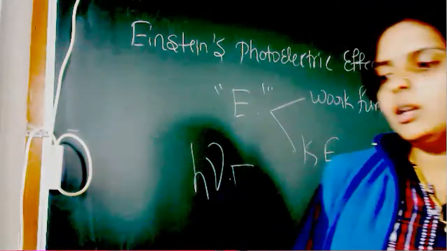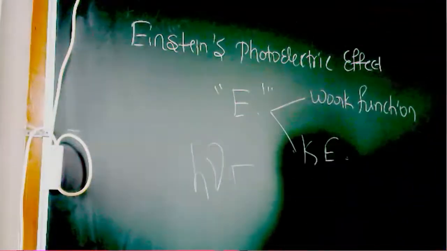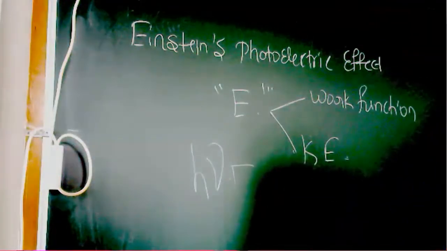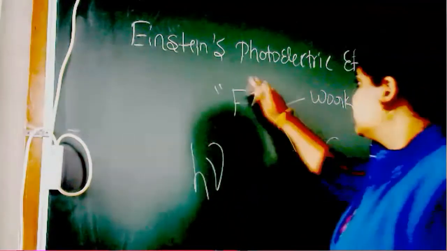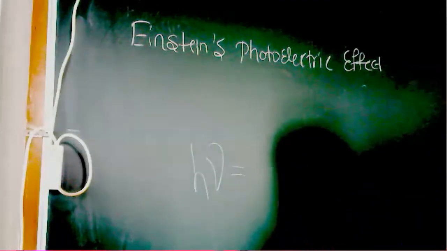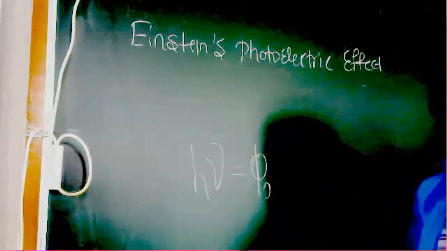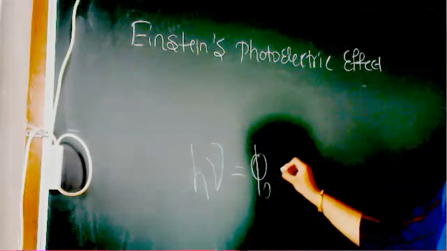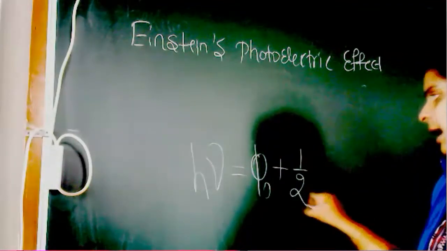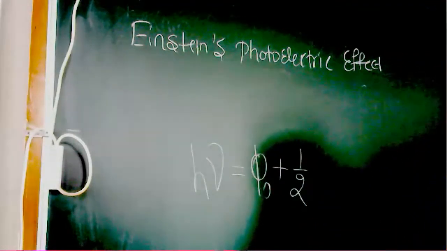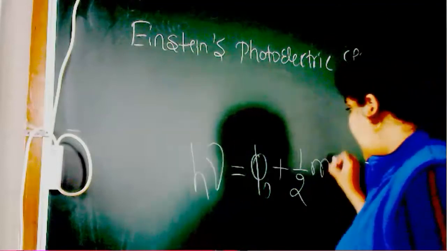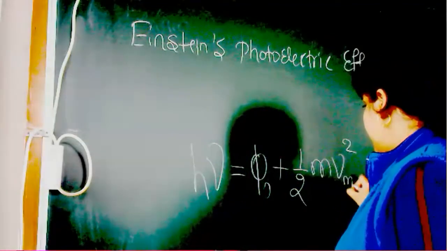So here we can write Einstein's relation based on this concept. How are you going to write it? See, your h nu is used in the work function. You will denote the work function as phi naught, plus the other part used for kinetic energy, that is half mv squared.